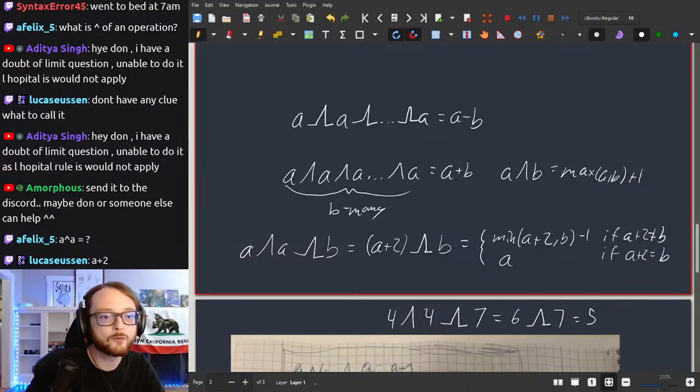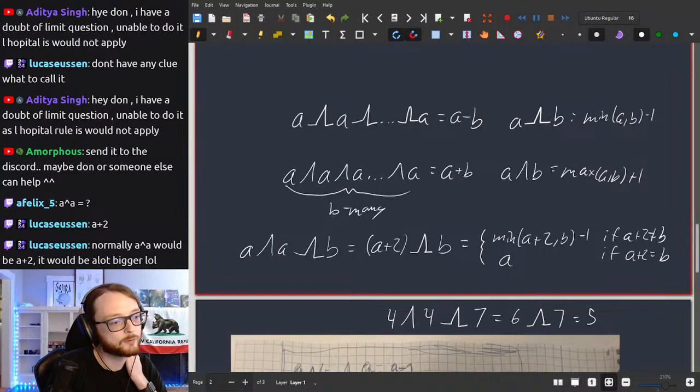So there's an inverse one, which is A minus B, or if they're different, then it's the min minus 1.